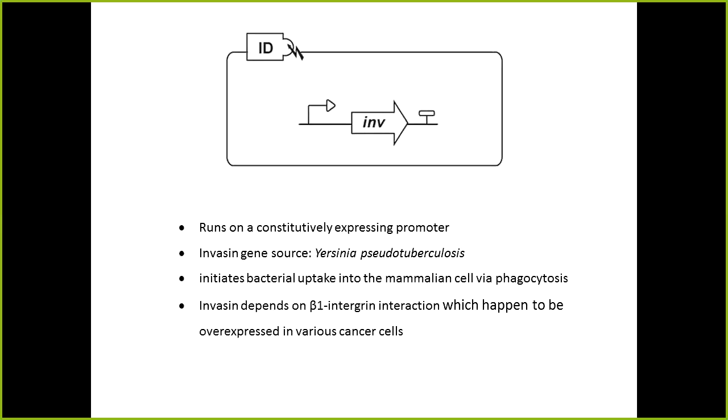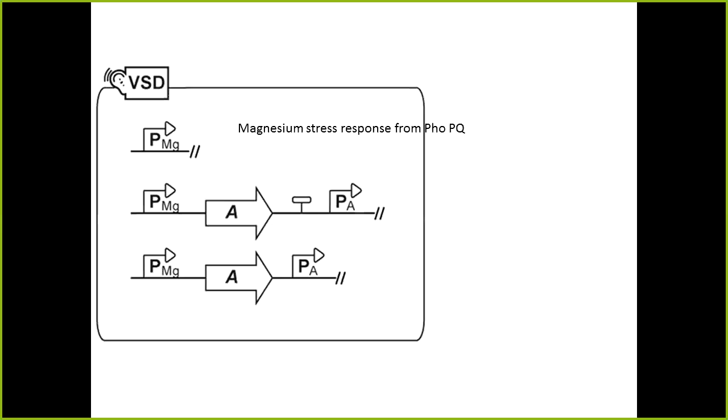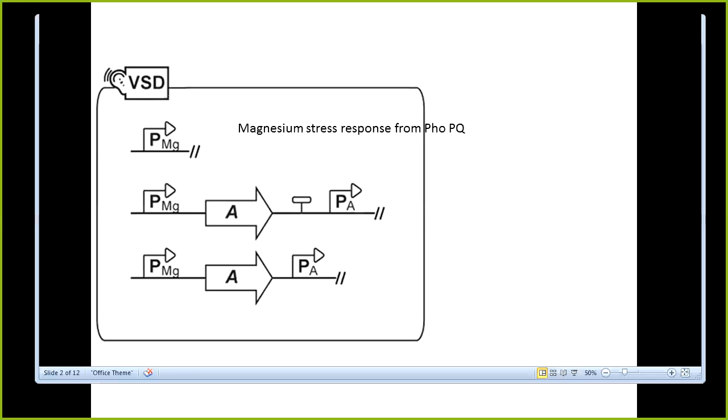It relies on invasin, which binds to beta-1 integrin, and that's how it's taken up into the cell. In mammalian human cancer cells, it's especially expressed, so it's an easy target for a bacteria to be taken in.